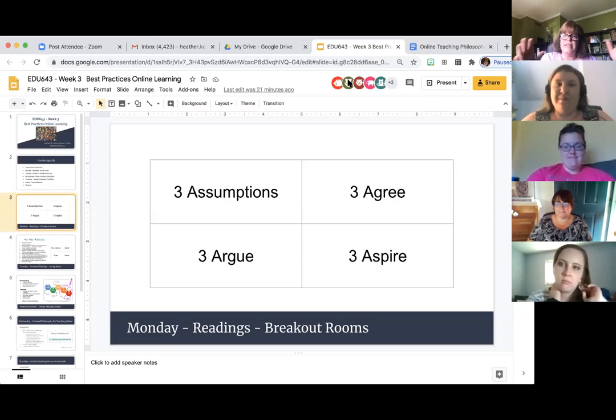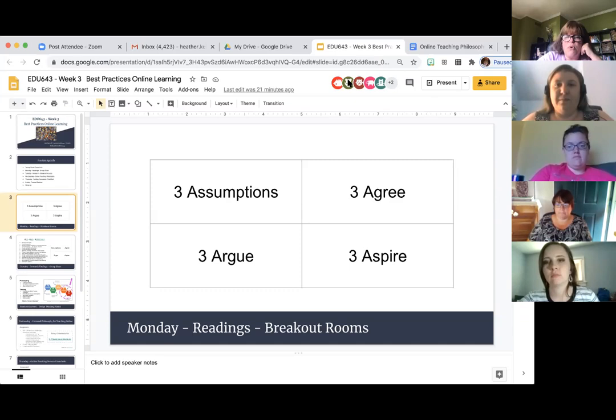Like I look at this call volume to the help desk, when 897 calls came in about how to access something, that was a lot of assumption that our parents could do X, Y, and Z. And so that's why doing this 4A's protocol is really a nice feature to do.